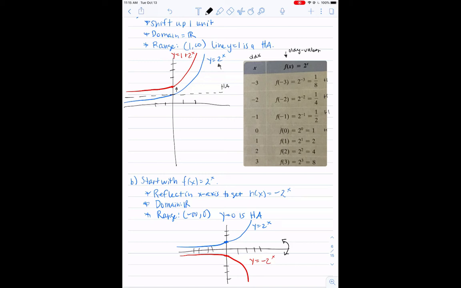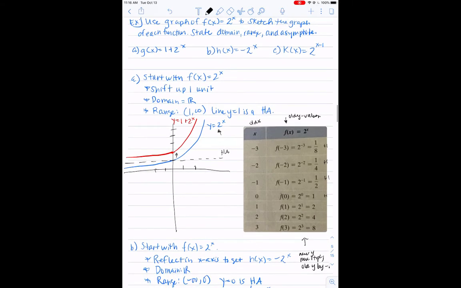So basically our x values stay the same, our y values are the ones that change. So we're going to keep our old x, but our new y is the old y multiplied by negative 1. And that'll give us our points.